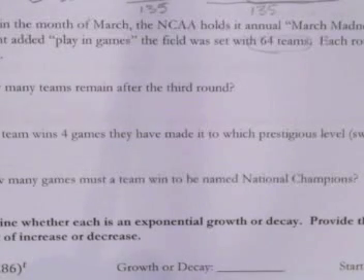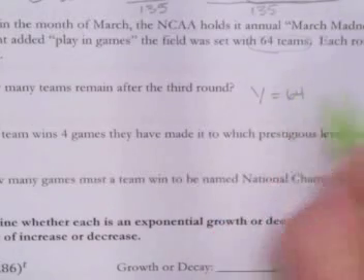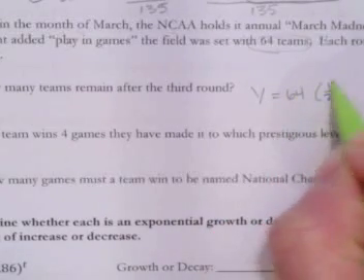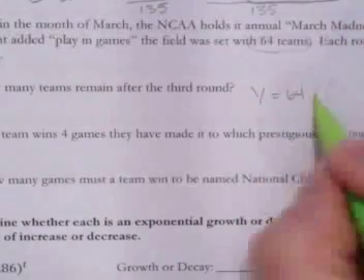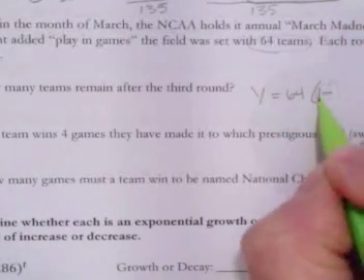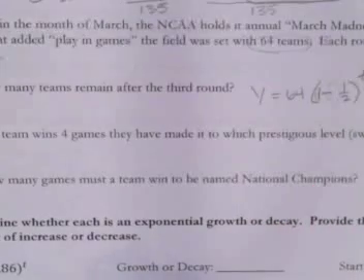And it wants to know how many teams remain after the third round. So I would just multiply by 1/2 3 times. But I could also model that with an equation saying I start with 64 and I get rid of half of them. Well, let me write this differently. I get rid of 1 minus half of them with every round.